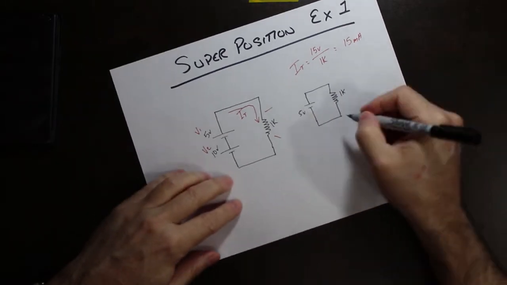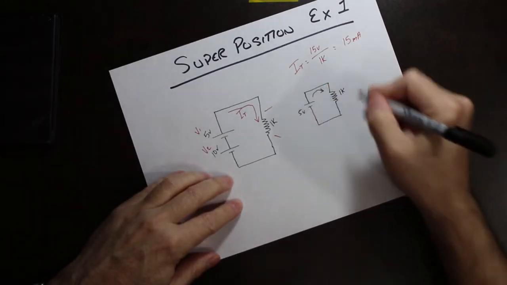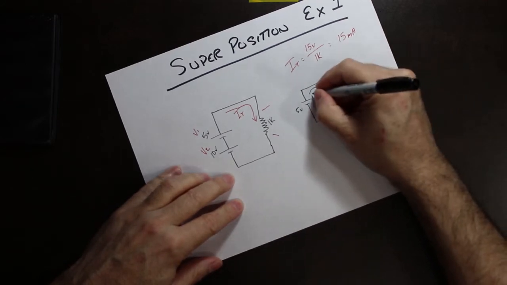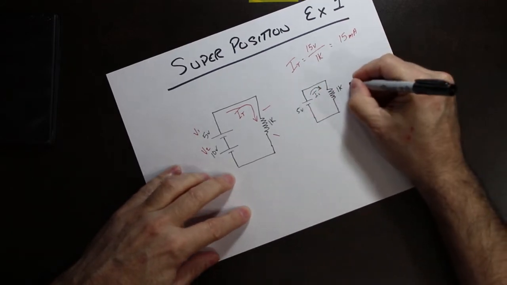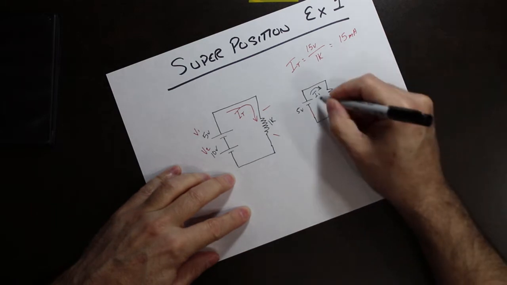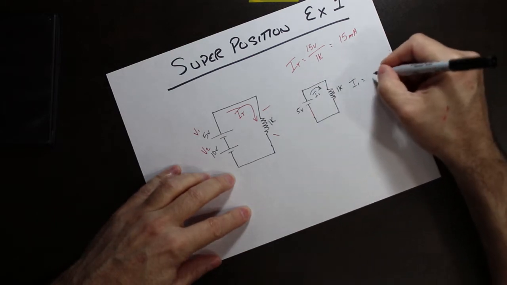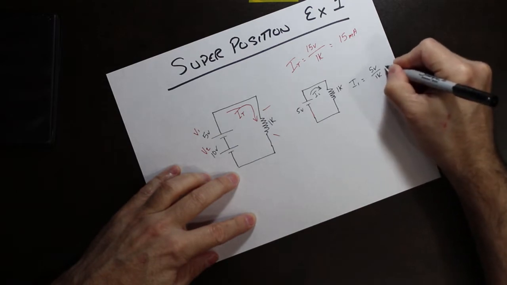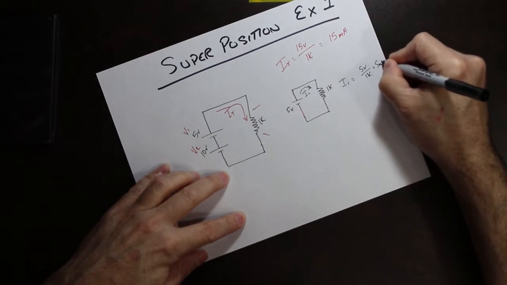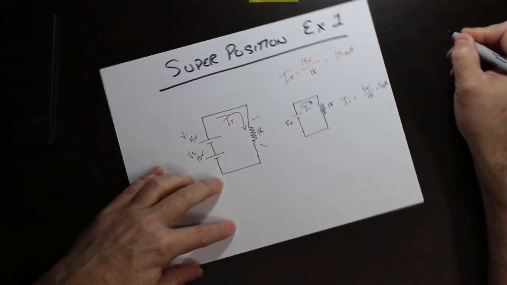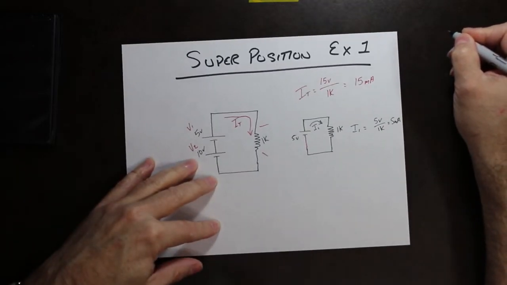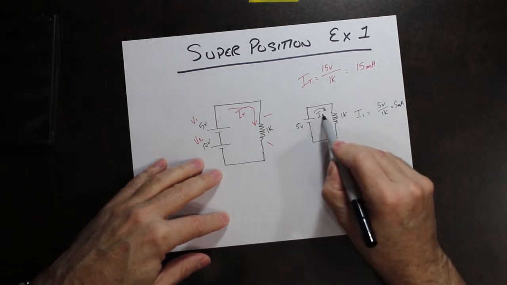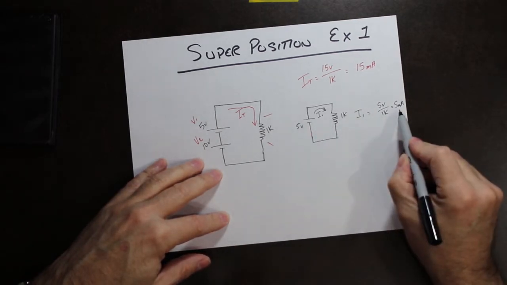Now if we want to look at the current flowing in that circuit at this moment in time, we'll call it I1. I1 is equal to 5 volts divided by 1K, equals 5 milliamps. So far so good. So from this power supply, the current that's produced through the load is 5 milliamps.